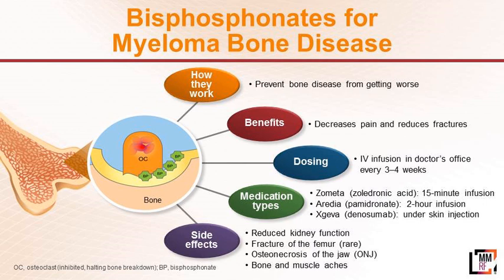Now, the side effects of these medications, the Zometa can reduce the kidney function. So if you do have poor kidney function, we will often schedule you for Pamidronate or the Aredia versus the Zometa. There is a risk of fracture to the femur, but that is very rare. And there is also a risk of osteonecrosis of the jaw.